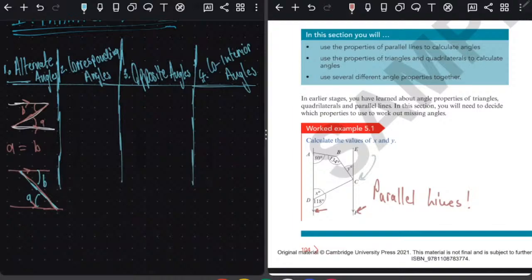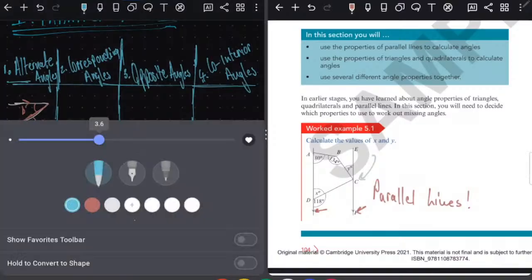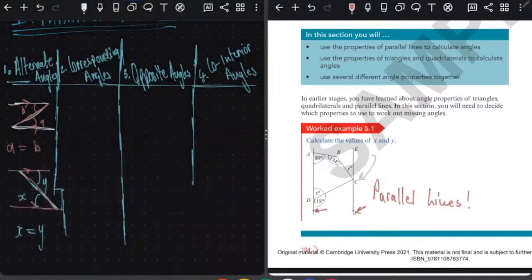Are we together? Even if we call this X and we call this Y, X will be equal to Y. This is important. So when you have parallel lines, look out for the first thing, alternate angles. Do you hear me?